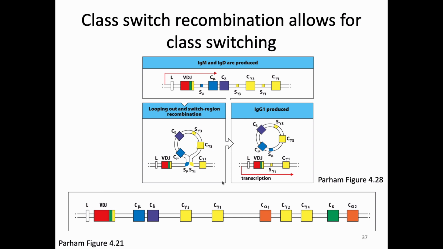If a cell switches to making IgG through class switch recombination, can it go back and make IgM? Nope, because it just threw that DNA away. So this is another situation where we are making a change to the DNA and where it is not reversible.